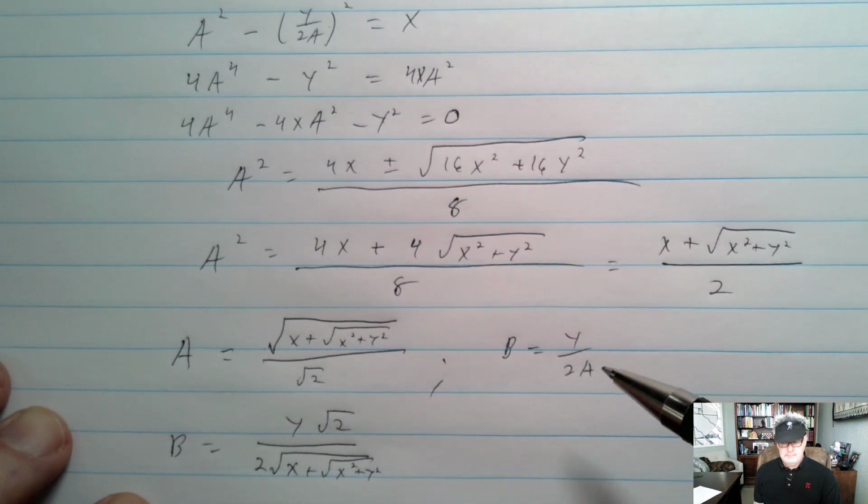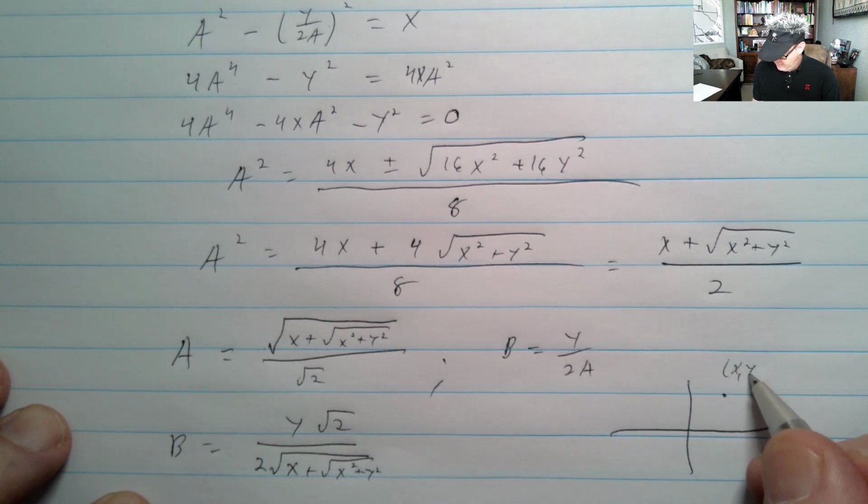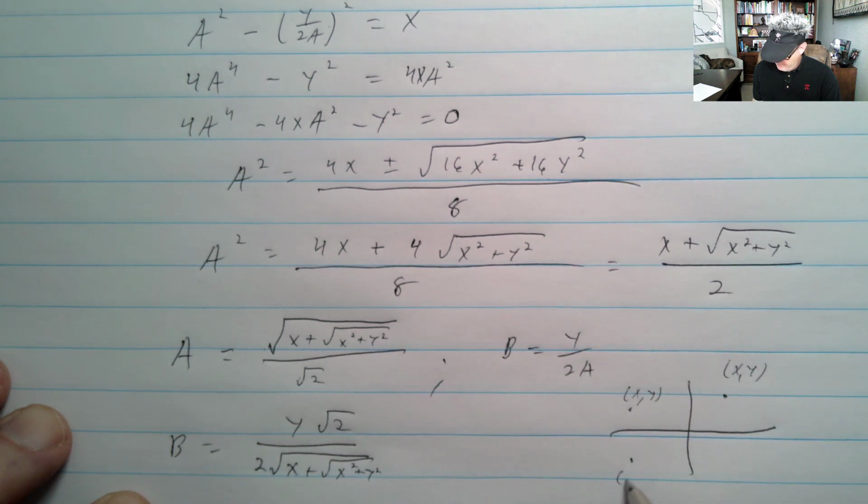So again, if you give me any x and y in the plane, and they could be in quadrant 1, or here, or here, get the idea, xy anywhere except on the negative x-axis. Notice there's trouble on the negative x-axis.